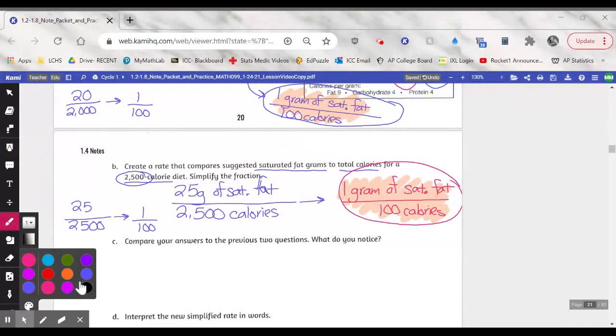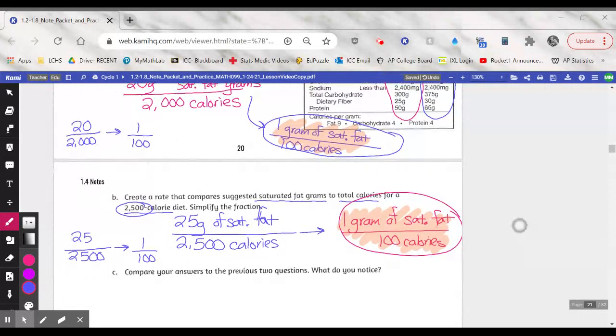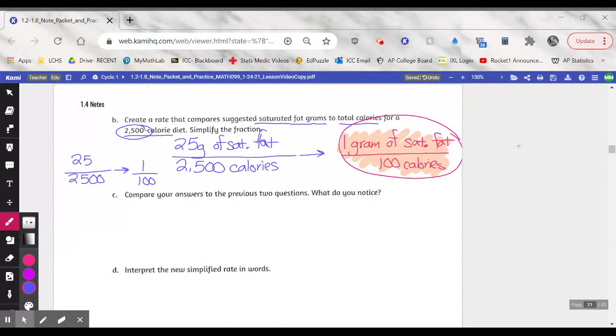And one thing to notice is it wasn't the same exact in the beginning, but when it was simplified, it was the same. So we have the same exact rates. And one thing to notice is that it happened after simplifying.